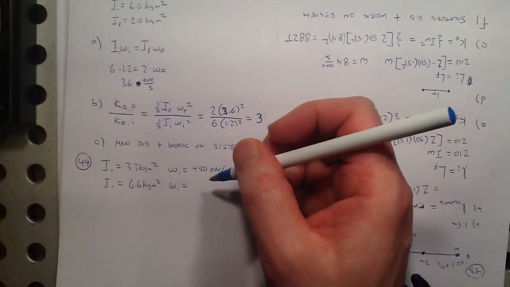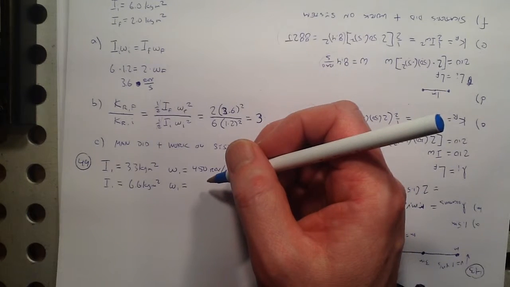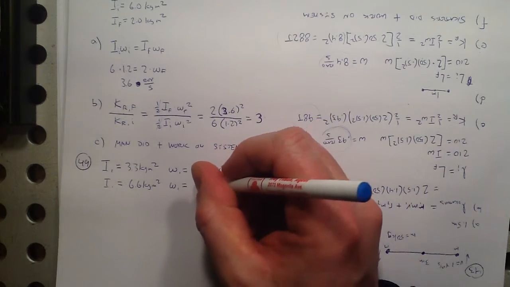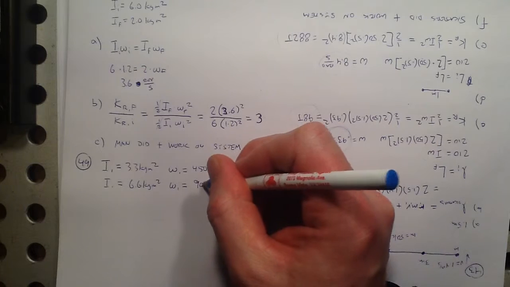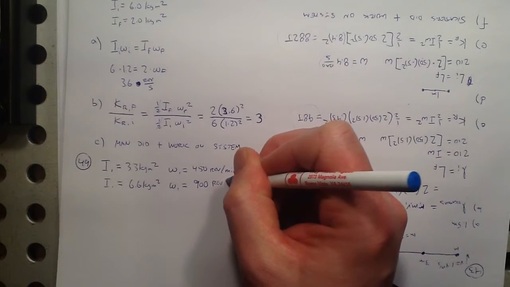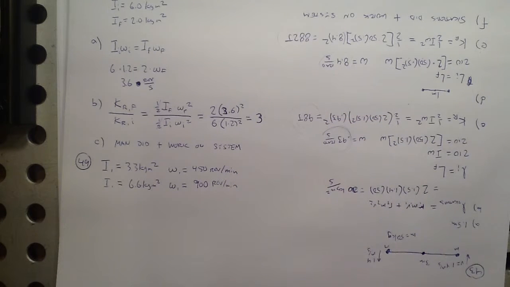So are they both going counterclockwise? The second one is also counterclockwise, so the same direction. So I'll keep the same sign on those. We'll take counterclockwise to be the positive direction. They then couple together. So what's the angular speed after coupling?